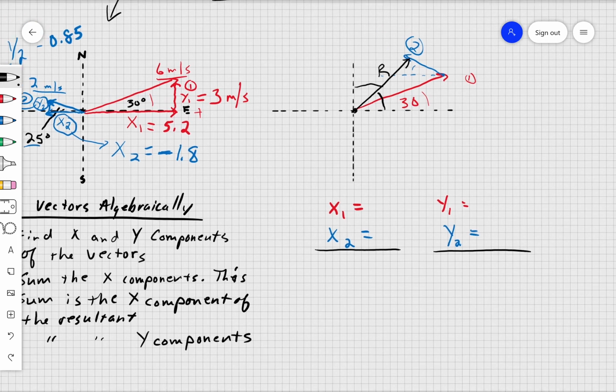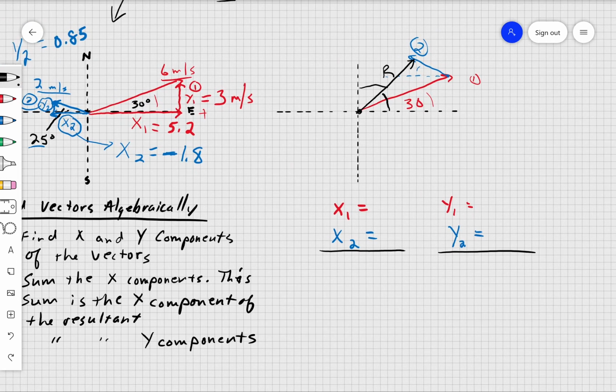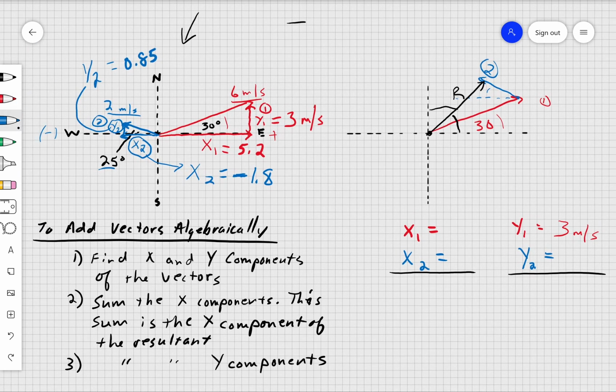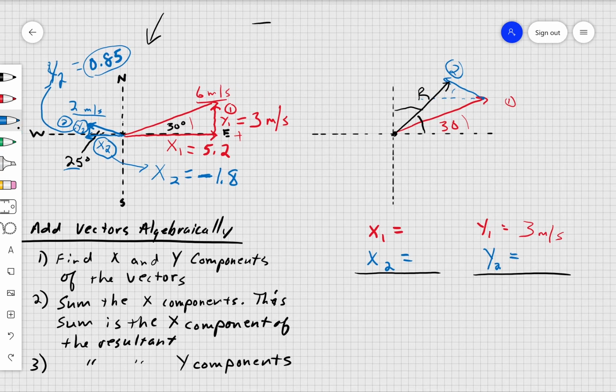So for vector 1, its y component was 3 meters per second, and that's a positive value. It points upward, so that's 3 meters per second. Y for vector 2 is this 0.85, and it also pointed upwards in the northern or positive direction, so north positive, south negative, just like I did east west.